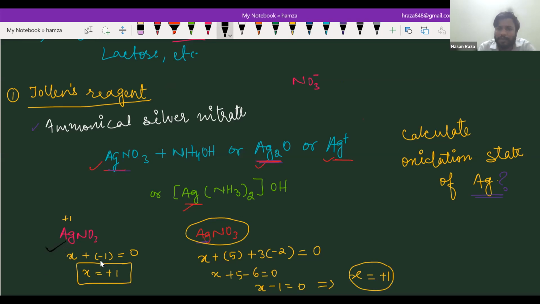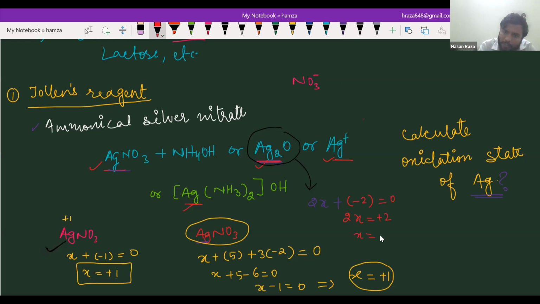Ag has +1 charge. Now, when you talk about Ag2O, we are going to calculate the oxidation state of Ag. So I'm going to consider the oxidation state of one Ag as X. There are 2 Ags, so 2X plus the oxidation state of O, which is -2, will be equal to 0. So 2X is equal to +2.